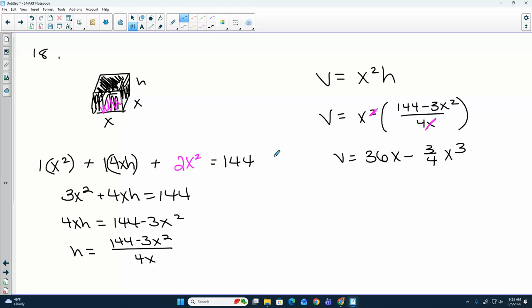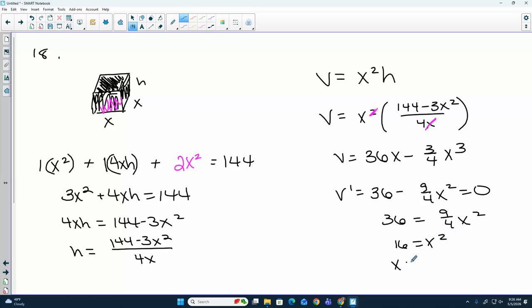Anytime I ask for a maximum or minimum, we have to do the derivative. Set that equal to 0. So multiply by 4 and divide by 9, 16.